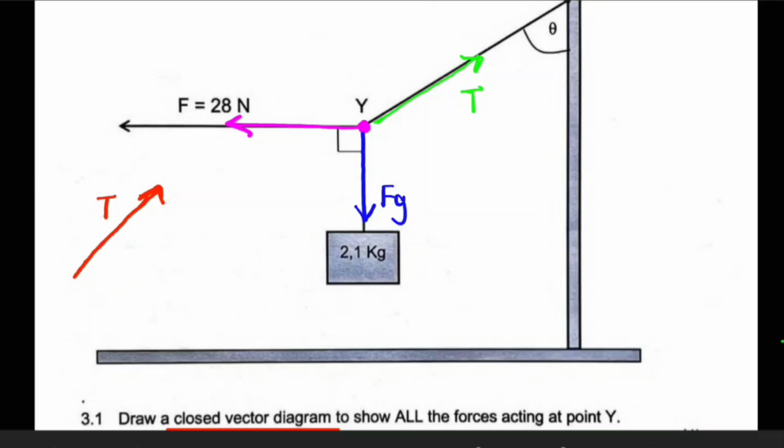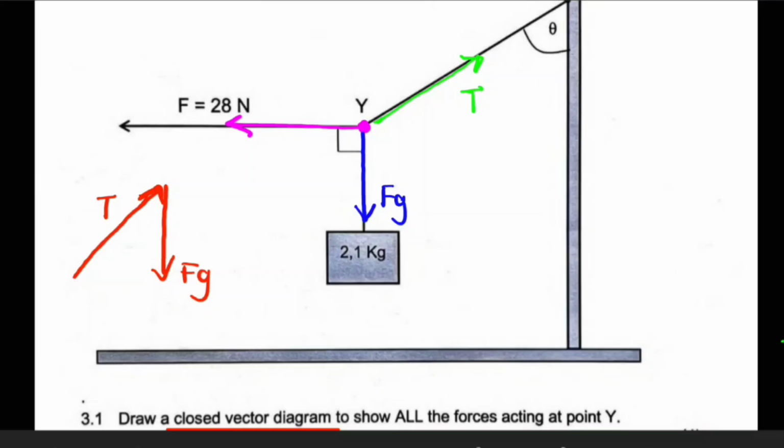There's the head of the arrow. Since it is going to be drawn using a head to tail method, the arrowhead of the one force needs to touch the tail of the next force. So the next force that I'm going to choose to work with is Fg. So the tail of Fg, notice, touches the arrowhead of tension.